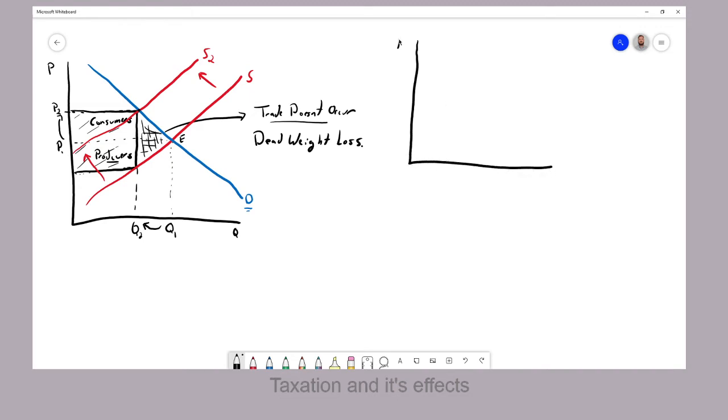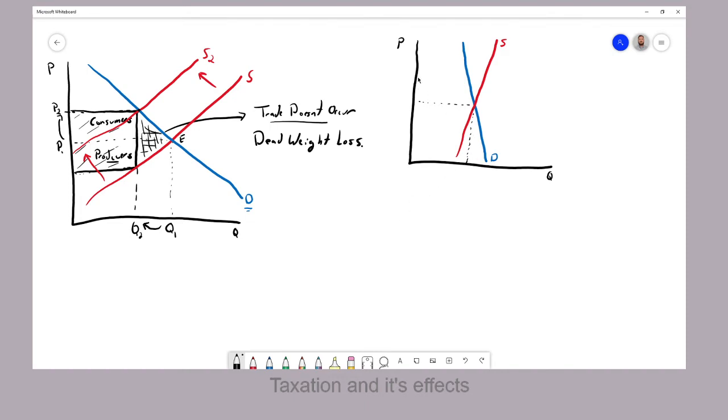So I'll draw one here at the top with price and quantity. We'll put a relatively inelastic demand curve and a relatively inelastic supply curve, and we'll draw in where our price and quantity are now.